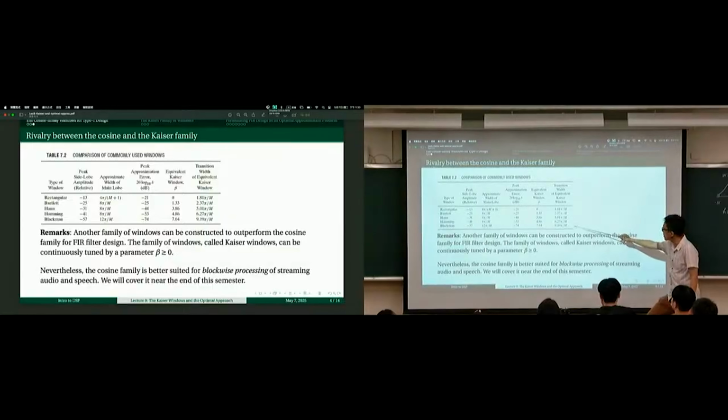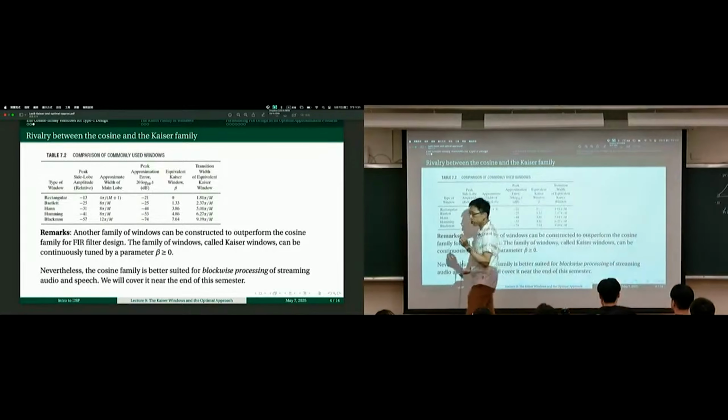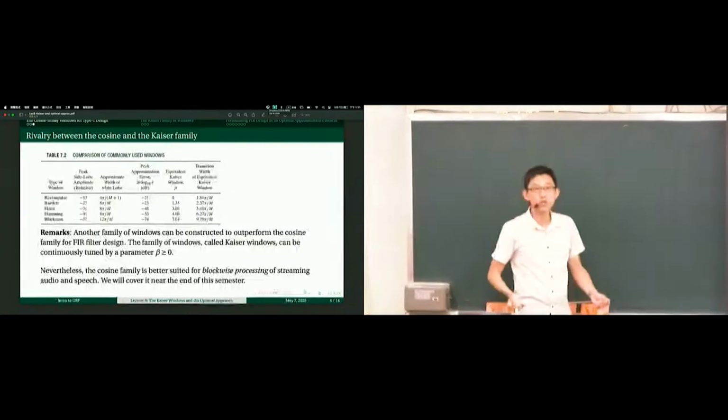Somehow, fixed windows are outperformed by the Kaiser family of windows, and we'll see why that's the case. The Kaiser window has a parameter beta, which allows you to continuously tune your window. So the window is a family tuned by beta. Beta going up, beta going down. You can choose a continuous value of beta, which gives you a new window.